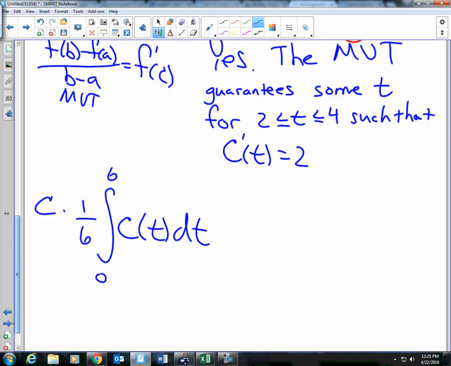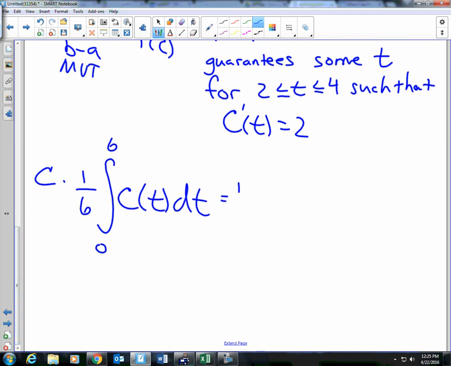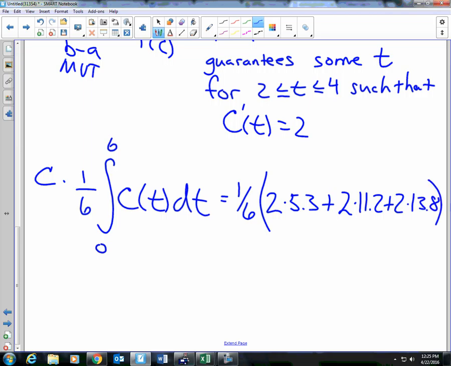All right, so here we go. This is equal to 1 over 6 times, what is the width of the first rectangle? 2 times, what's the first height? 5.3 plus 2 times 11.2 plus 2 times 13.8.